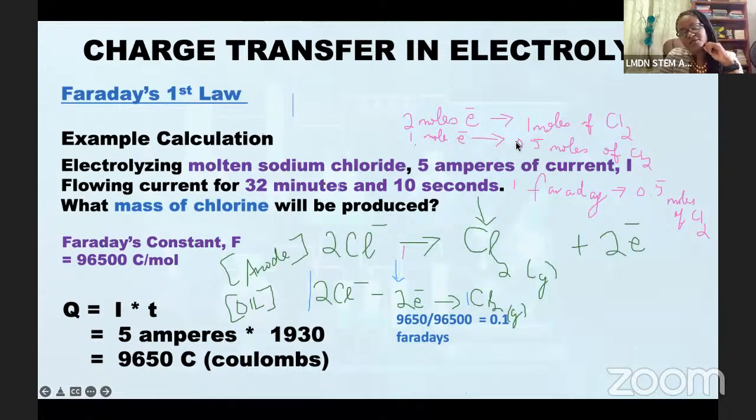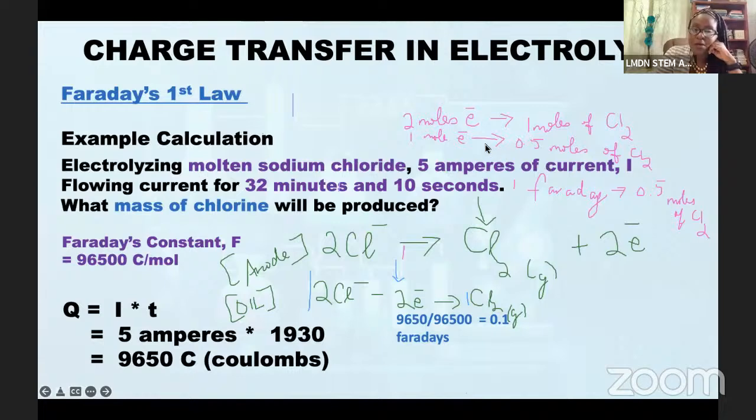So you're always going to have twice as much. However many moles of electrons you're moving, you're only going to be able to convert that to half a mole of the corresponding molecule. Does that make sense? And in this case, it's the chlorine molecule.